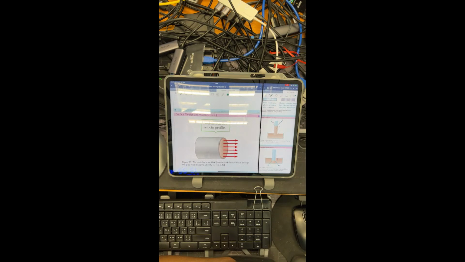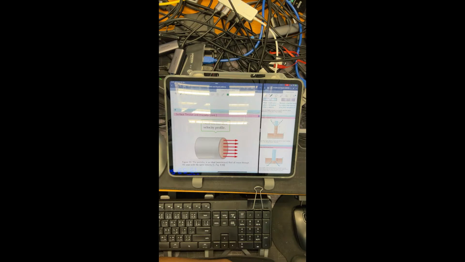We have a pipe like this, and this is a part of a pipe or a big tube. Non-viscous flow velocity profile means the velocity at different locations across this surface, this area, will be the same. There is no friction between the pipe and the water or the fluid at all, and no friction between different layers of liquid.